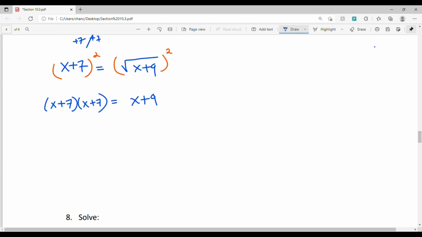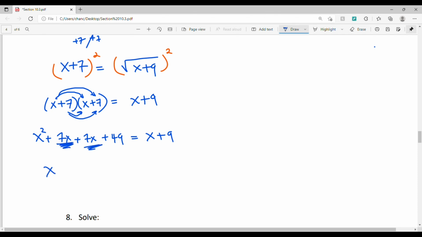And on the left, we'll have to FOIL. So let's FOIL this out. We should get x squared plus 7x plus another 7x plus 49 equals x plus 9. I'll collect like terms.